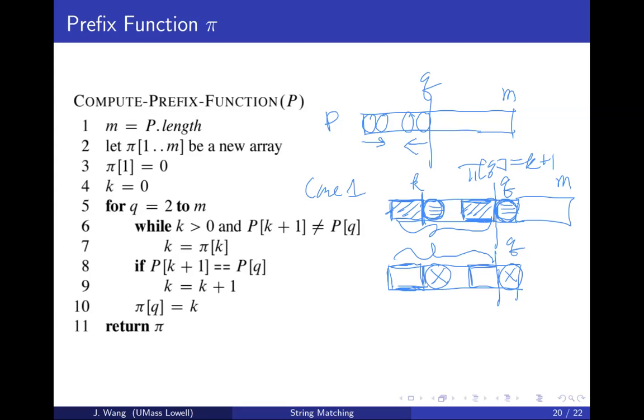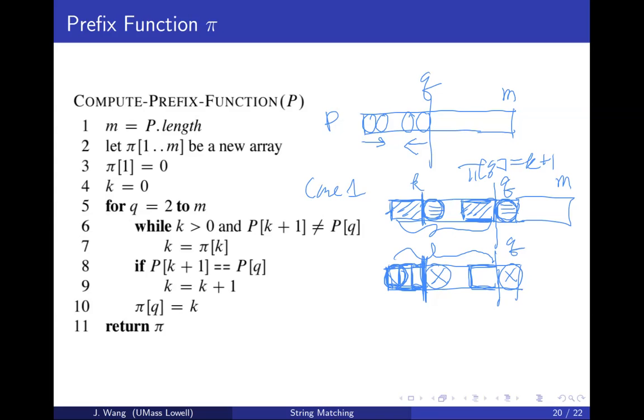This thing is equal to this thing. Now this has something here, and this has something here.